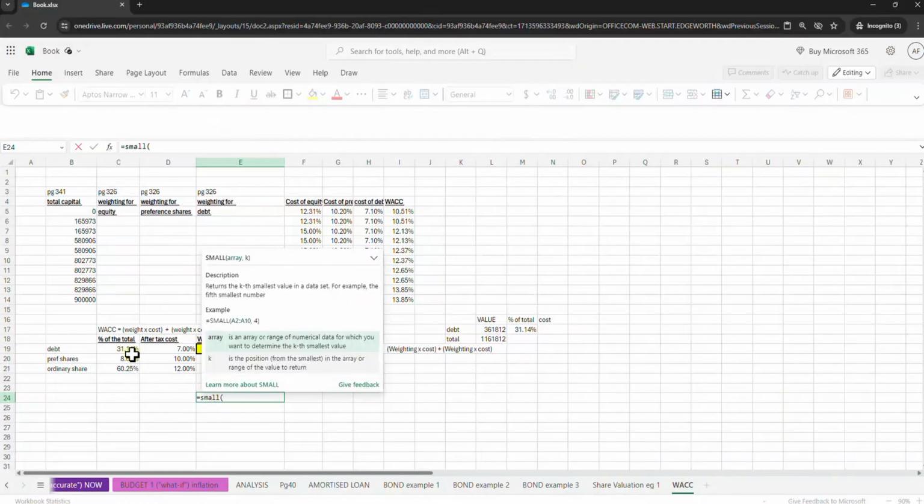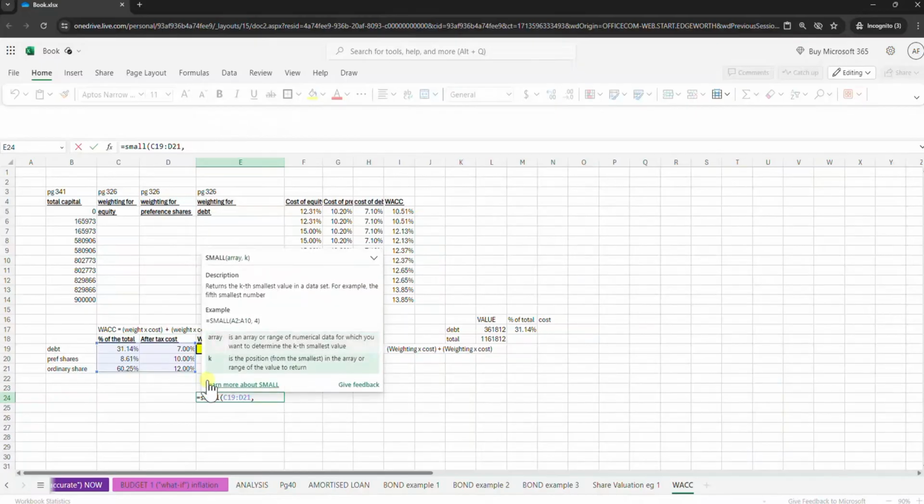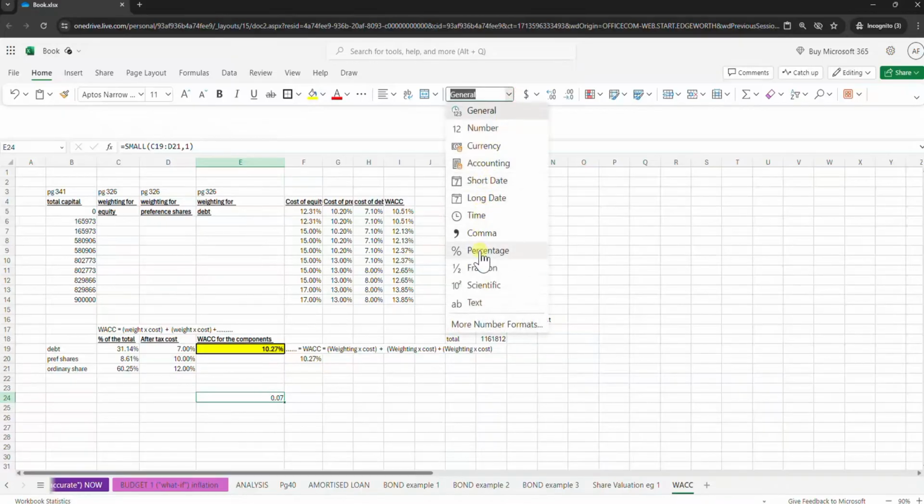Here's the range, and we need to show the k. So k is the position from the smallest in the array. Does that make sense? So let's look for the smallest, so 1. What's the smallest value here? The 7%.